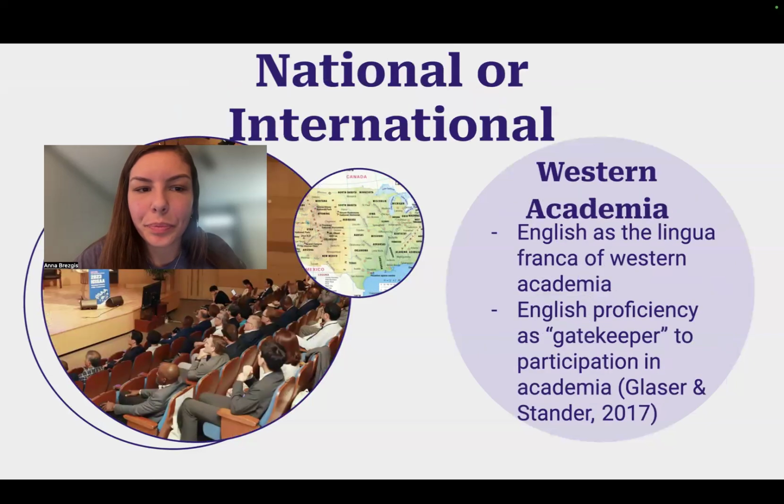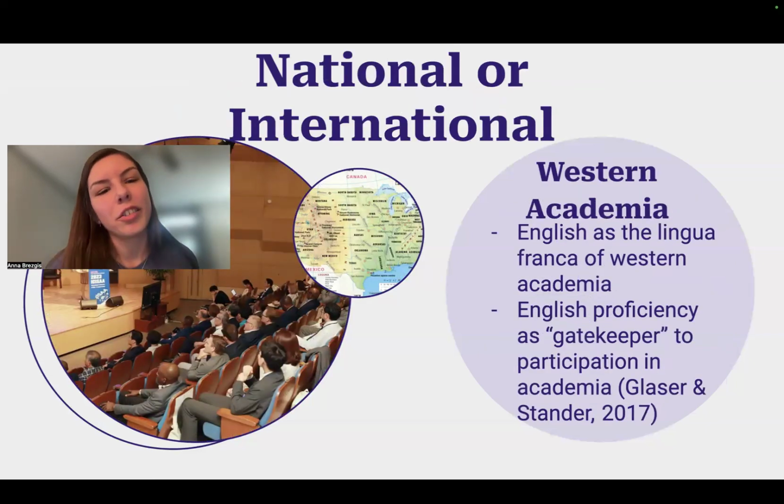Okay. National or international level. I want to expand this to Western academia or global North academia, basically all of academia in which English is the lingua franca. English proficiency can kind of be seen as a gatekeeper to participation in academia, and this is not just restricted to scholars.